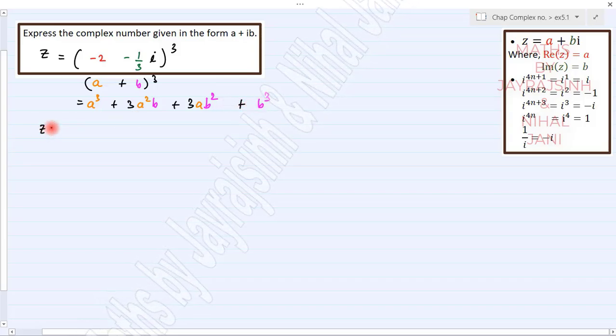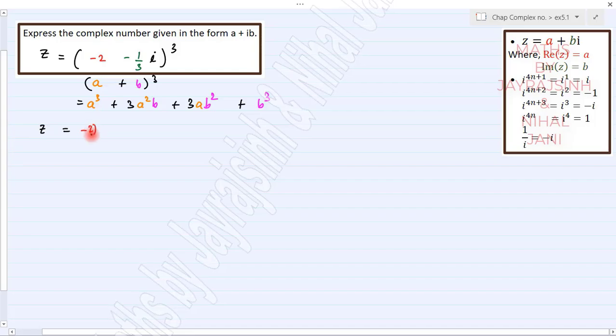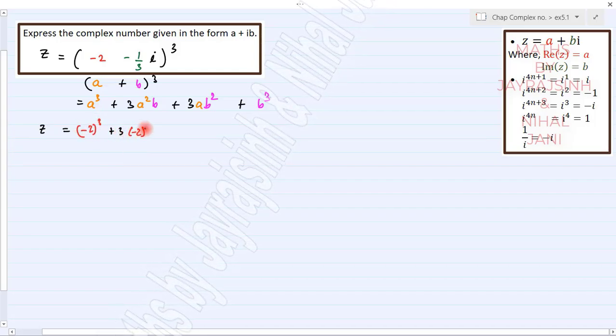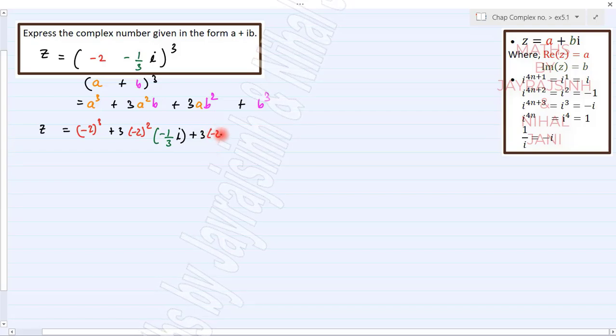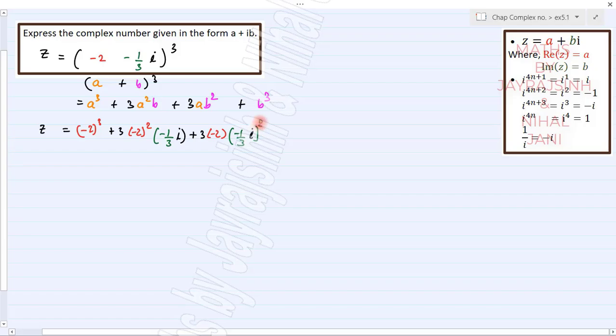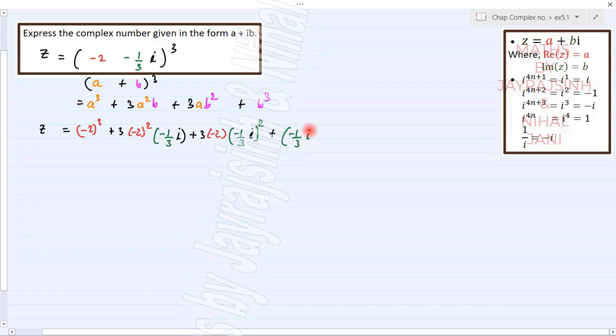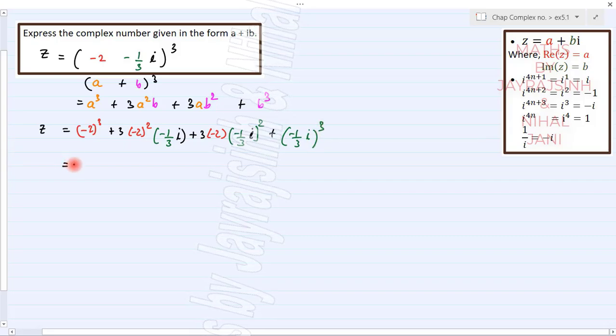So, your complex number will become minus 2 cube plus 3 times minus 2 the whole square into minus 1 by 3i plus 3 times minus 2 into minus 1 by 3i the whole square plus minus 1 by 3i the whole cube.